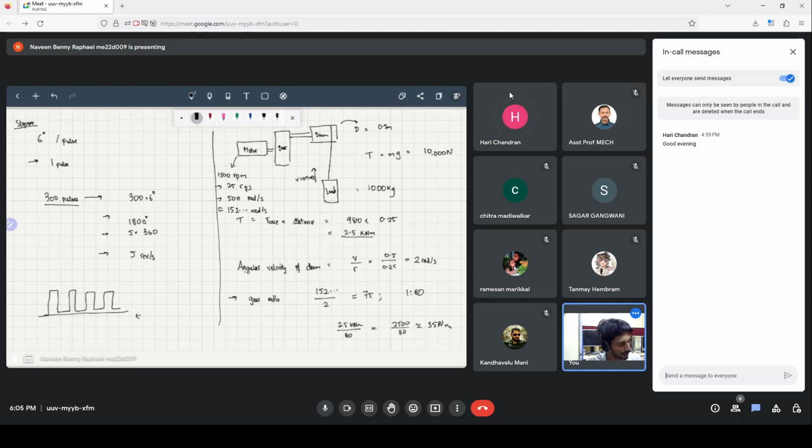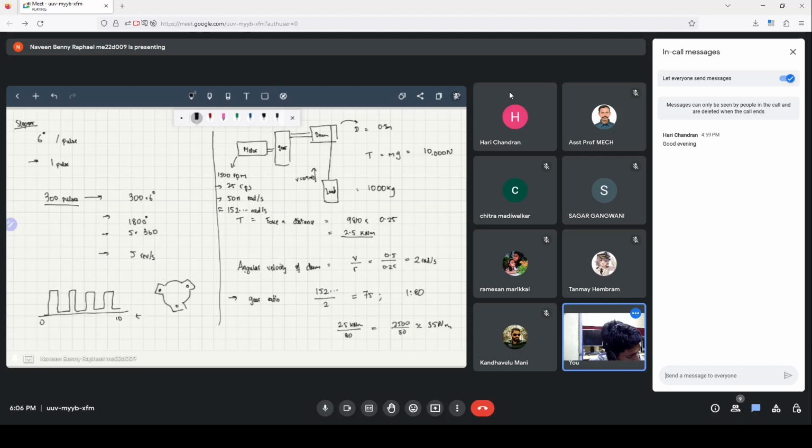Let's make the time axis 0 to 10 seconds. I can't draw this, so we'll have a very simple setup with a set of 3 magnets.